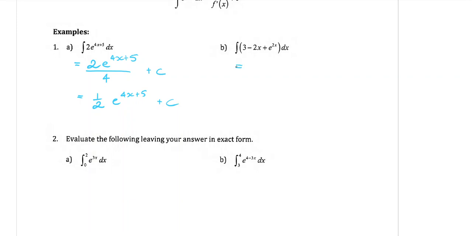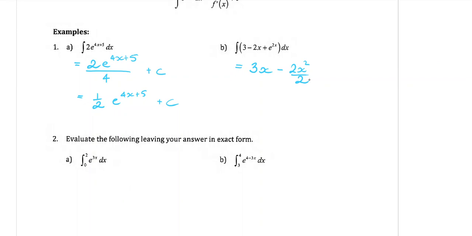Try the next one. We've got 3 different terms here. These first 2 are normal things to integrate, and here's my exponential on the end. So integrating 3, what do you get? Not differentiate, integrate. We want to add an x to it, so 3x. Okay? Integrating the minus 2x, you add 1 to the power, divide by the power.